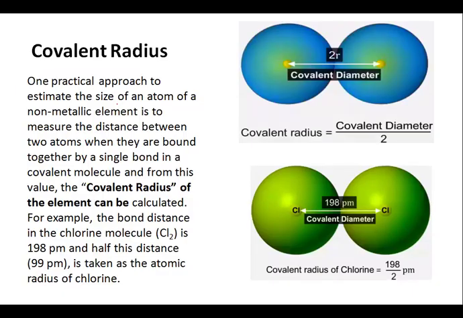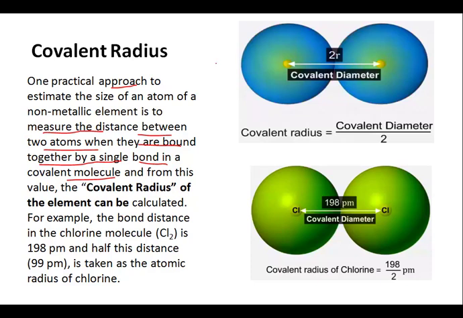The first term of atomic radii which can be expressed is covalent radius. This is one of the practical approaches to estimate the size of an atom of a non-metallic element by measuring the distance between two atoms when they are bonded together by a single bond in a covalent molecule.